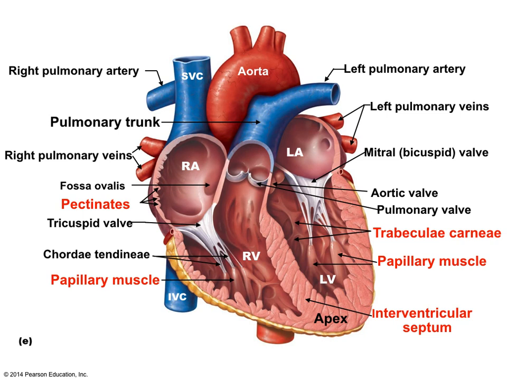Some other myocardial elements in this slide include the ridges of myocardium, the trabeculae carneae, which are present in the walls of the ventricles only. The interventricular septum is also pictured here.